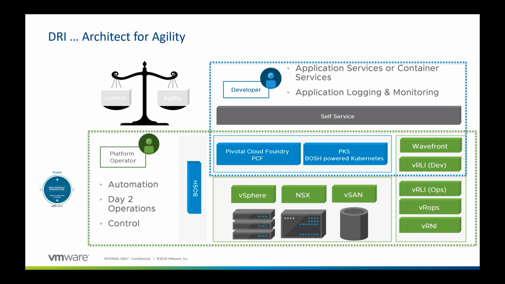On the top, in the blue box, is where the developer lives, and the developers don't care about infrastructure. All they want is as seamless an experience as possible when developing their applications, and the underlying infrastructure should accommodate. Just like the carburetor in a car, you don't see it, you don't touch it, but it does its job. That's the analogy I usually provide for the infrastructure at the bottom.